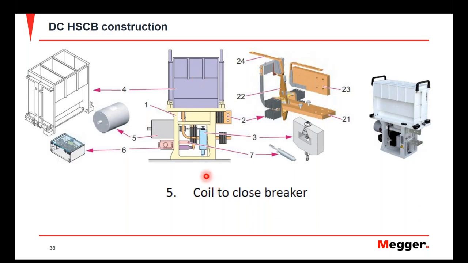The way that these breakers open and close is by electrical means, and that's done with this close coil referred to here. However, the close coil doesn't have anything to do with the trip function of the device. And we're going to talk more about how that happens here in just a minute. And then lastly, you have some auxiliary contacts that are used for input and output purposes on the breaker.